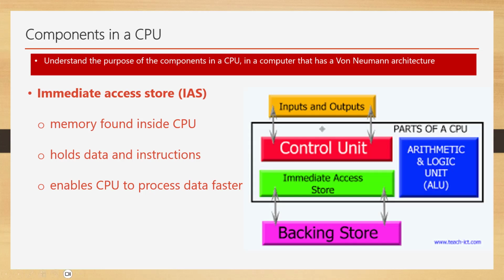As you can see in this diagram right here, I have the input and output functionality, I have the control unit, I have the backing storage, but all the data from input and output and control unit is being retrieved by the immediate access store and the backing store as well. So this is basically a part of a CPU that holds the data and instructions, and at the same time it enables the CPU to process faster.